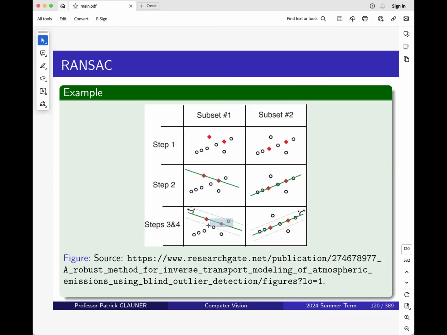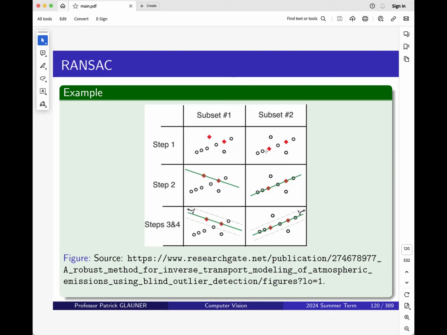And there are maybe 2 points that fall in, but many don't. So these 2 random points that I found here are maybe not a good indication for a straight line. So it didn't work because these inliers within this corridor, there are not many.